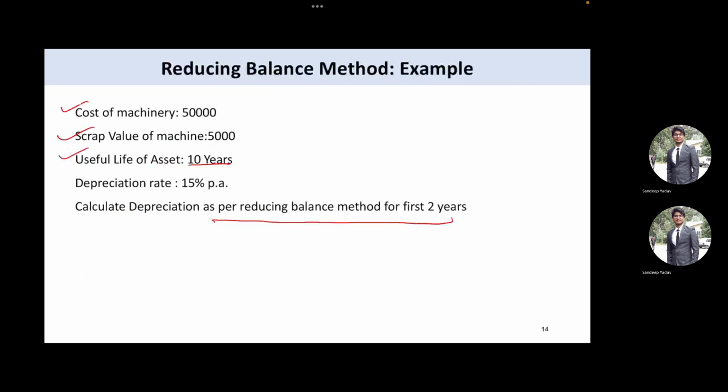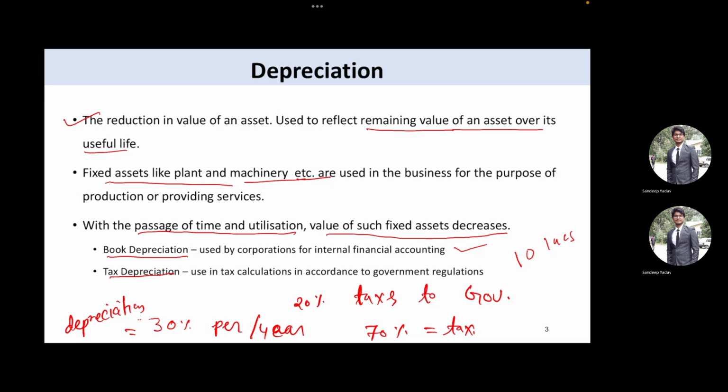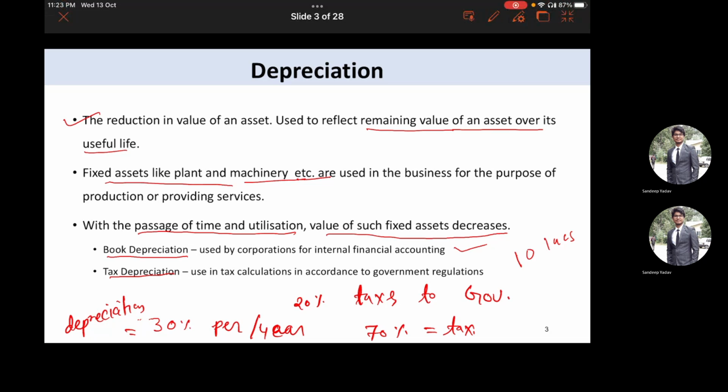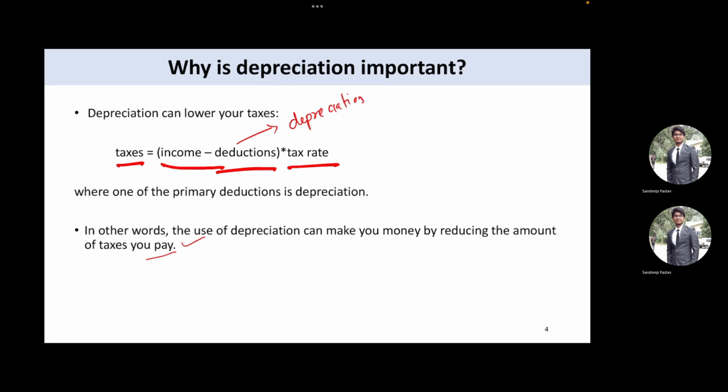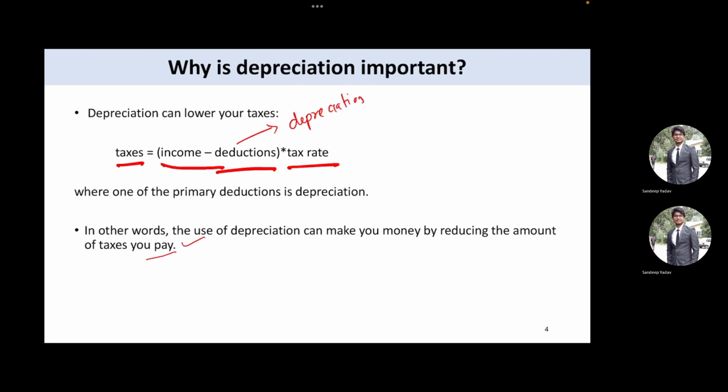Now let me summarize what we have learned today. The first thing that we have learned is what depreciation is, followed by why it is important and why we have to calculate it. Now you're able to answer the question of why depreciation is necessary, like for tax savings or for getting the actual values of the products.